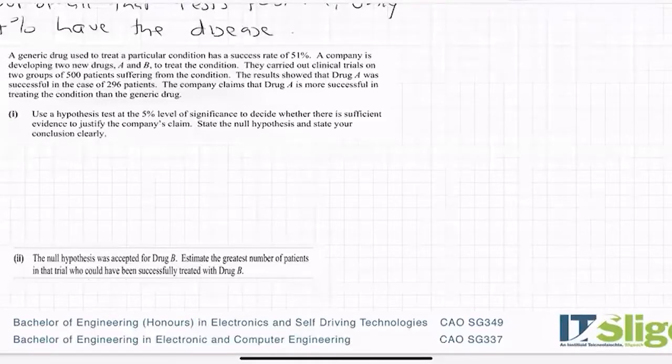The results show that drug A was successful in the case of 296 patients. The company claims that drug A is more successful in treating the condition than the generic drug. Use a hypothesis test at the 5% level of significance to decide whether there's sufficient evidence to justify the company's claim. State the null hypothesis and state your conclusion clearly.